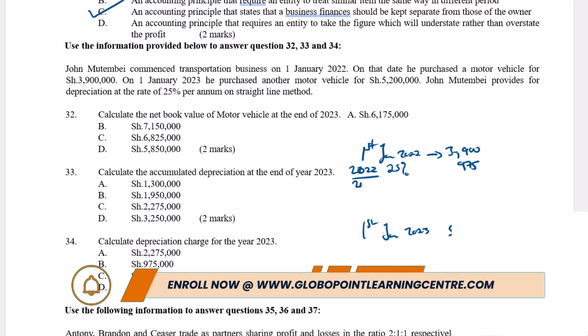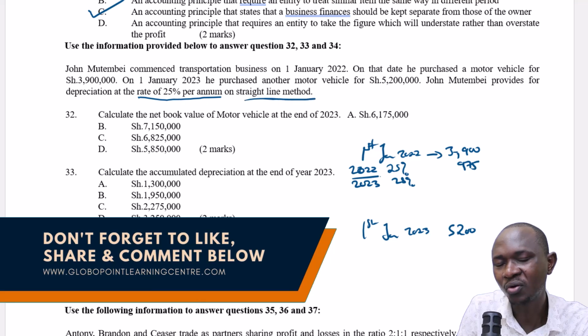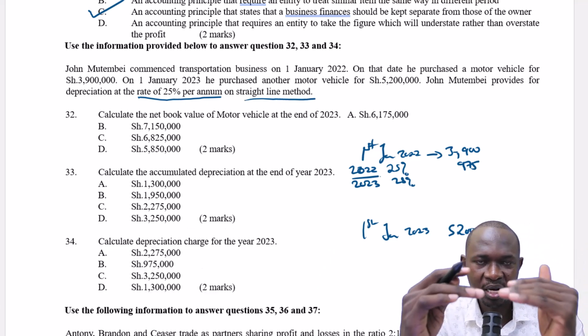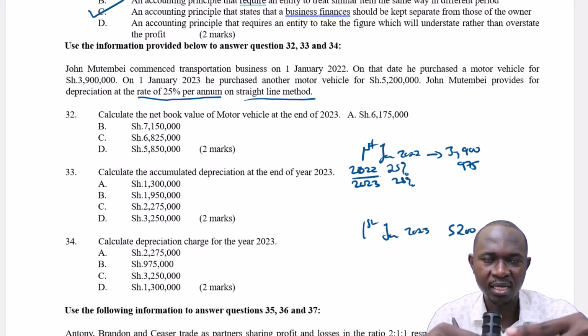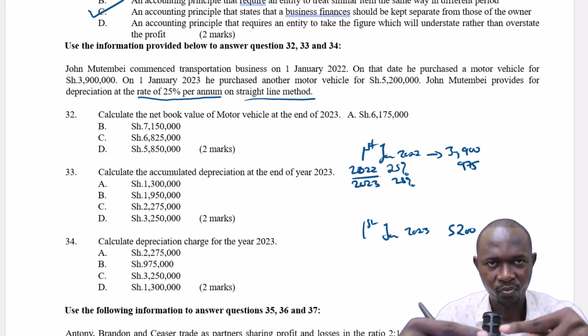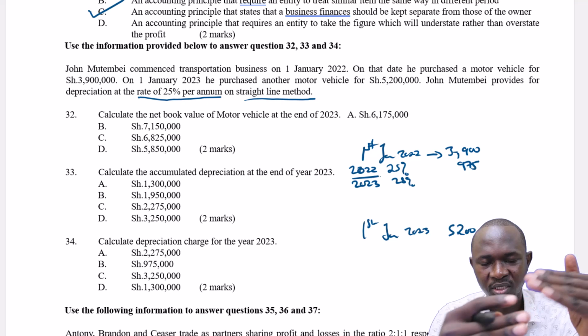And then depreciation for 2023, again at 25%. Why 25%? Because John Mutembei provides for depreciation at the rate of 25% per annum on the straight line method, not the reducing balance method. If it were the reducing balance method, we would be calculating based on the balance brought down, so you take the original figure less depreciation and work on the remaining balance.